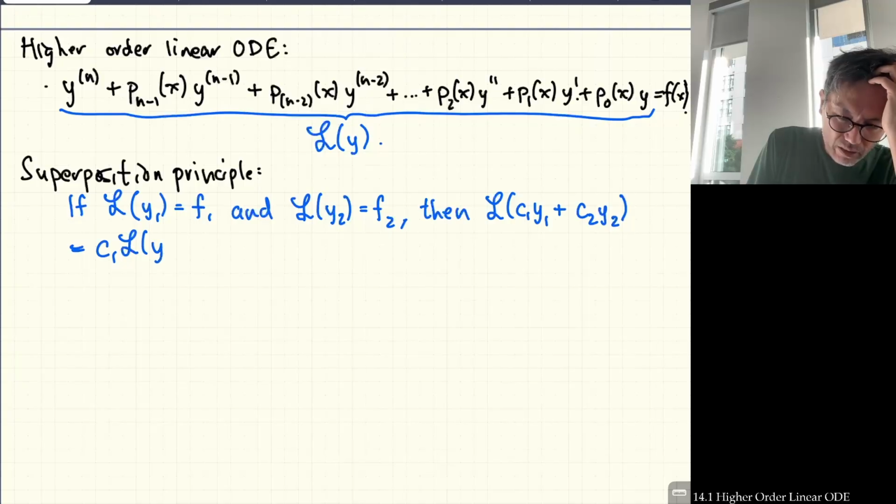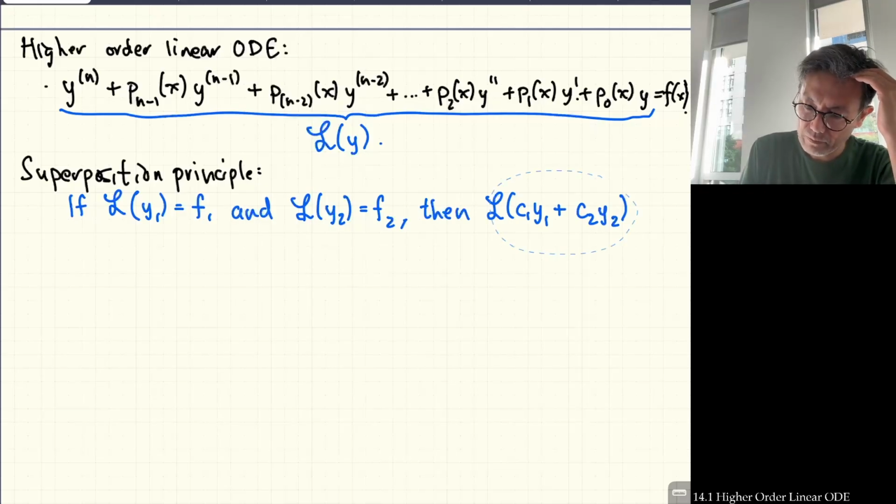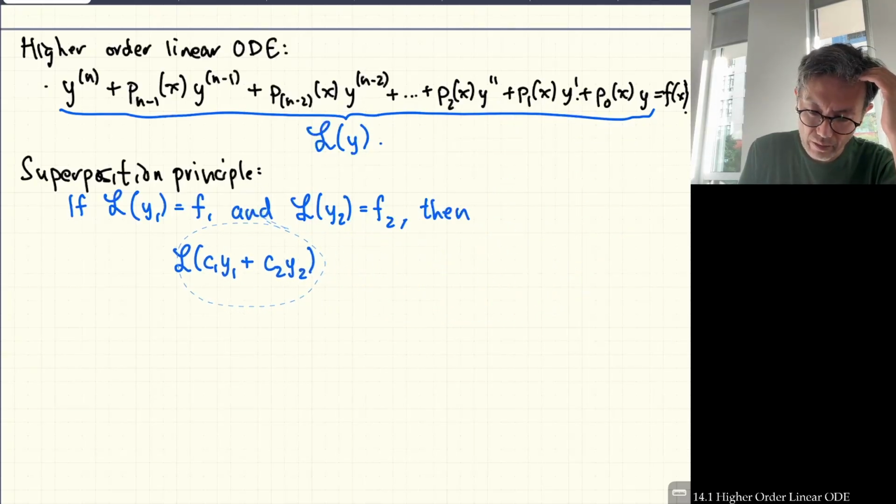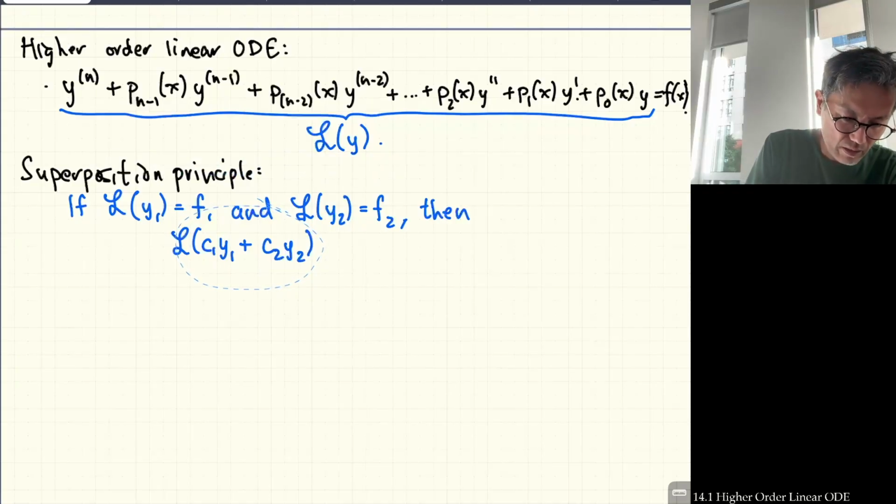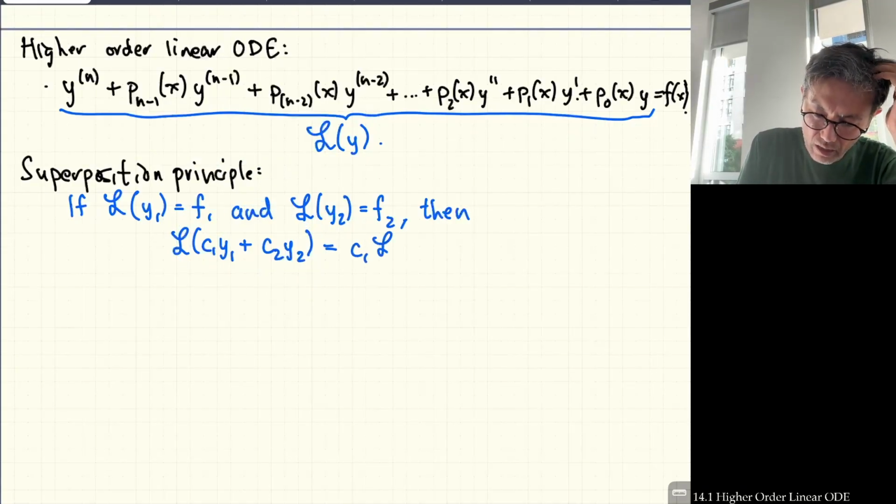Then L of C1y1 plus C2y2 is equal to C1 L of y1. Actually, we've got to give this pride of place here, so let me move this over to here. This is equal to C1, oh, I can do better because I know what L of y1 is. It's f1 plus C2 f2.